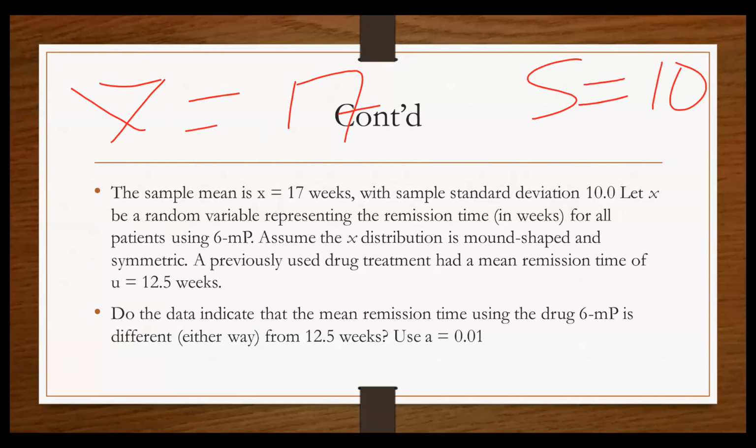And it is said that the drug treatment had a mean remission time of mu equal to 12.5. Do the data indicate that the mean remission time using the drug is different from 12.5? Use alpha 0.01.